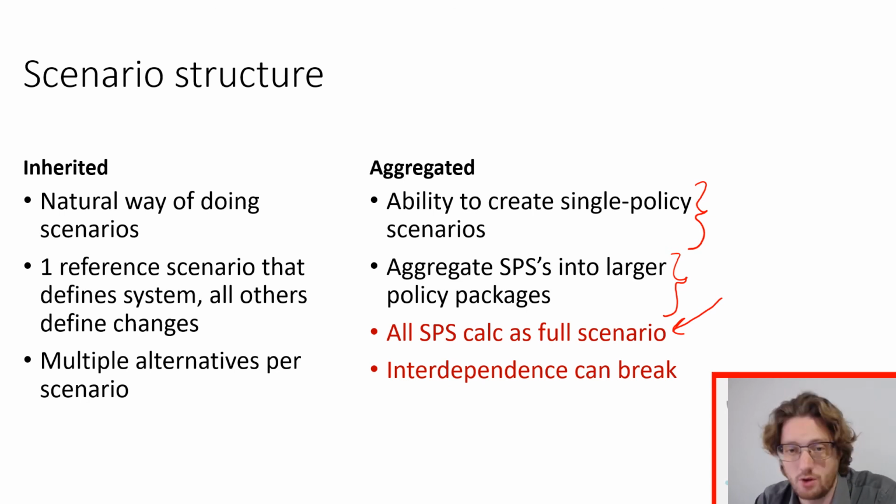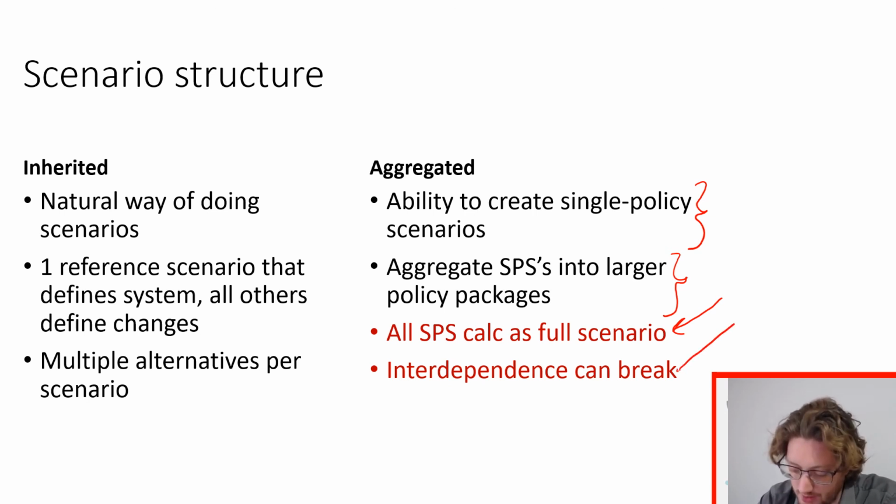So you have to calculate all these. In my example, we had 16 single policy scenarios, that is 16 more scenarios you have to calculate before you come to your main ones. That is a bit of a problem computational wise, maybe. It also makes quite a lot bigger model when you have it with calculations.